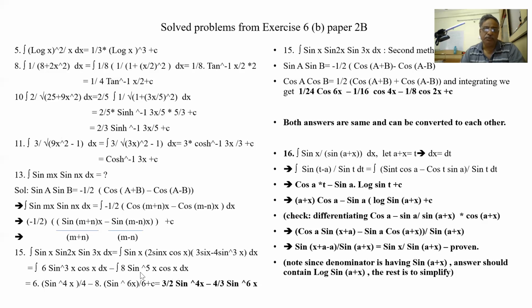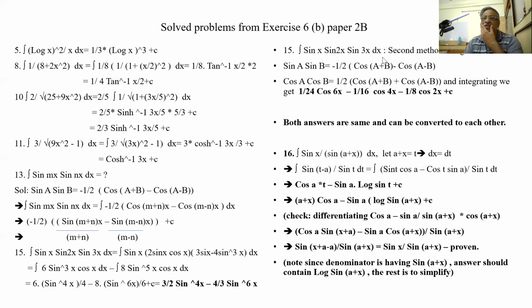So I can use this, or a second method. This is one method. We can do it in many ways. The second method used in the textbook: again, you do it in splitting form. Sin a sin b is equal to minus of cos(a plus b) minus cos(a minus b), and then we'll get cos a sin b. Suppose these two I have used, I'll get cos(a plus b), cos(a minus b).